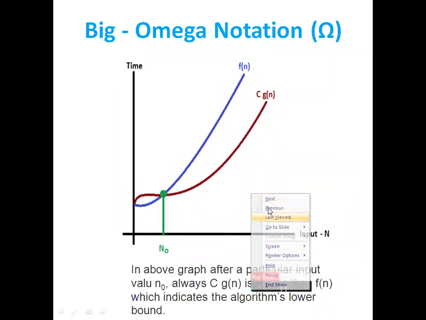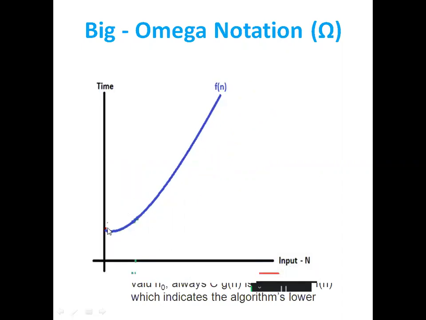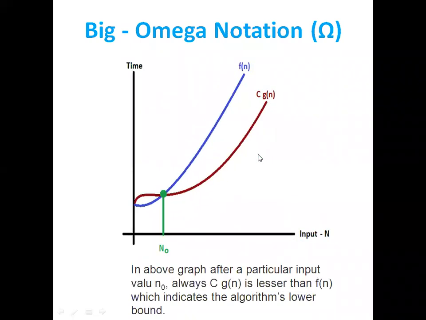This is the graphical representation of f of n with respect to time and input n. This is the brown line for c into g of n, and there is a point where both lines cross each other and satisfy that particular equation.